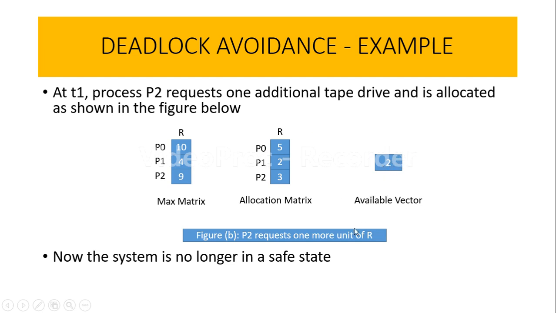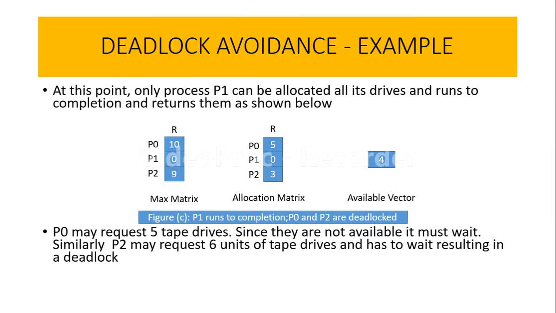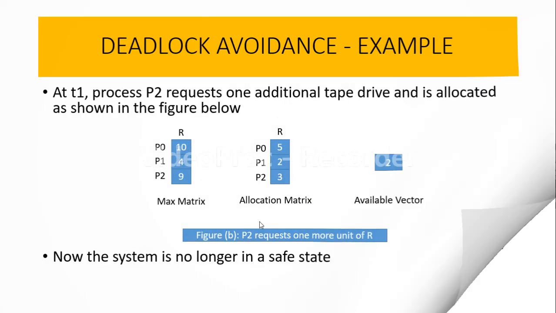Now if you see here, the system is not in the safe state. Okay, so how, let me tell you. As you can see here, process P1 was holding 2 instances and the maximum requirement was 4.